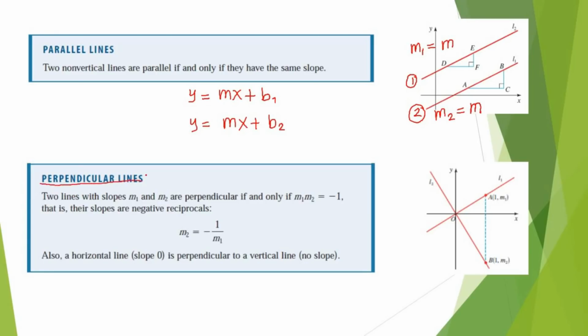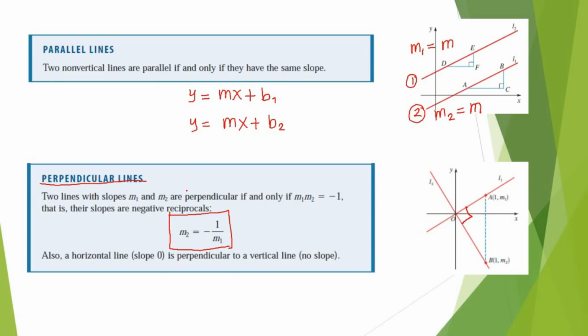Now what about perpendicular lines? Two lines with slopes m sub 1 and m sub 2 are perpendicular if and only if their slopes are negative reciprocals, and it can be expressed by this equation, such that line number 2 is perpendicular to line number 1.